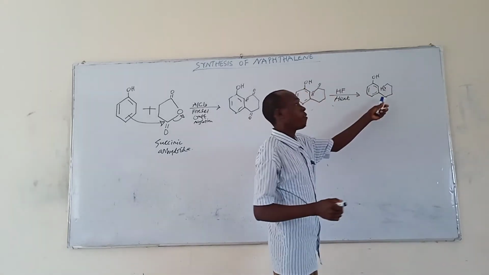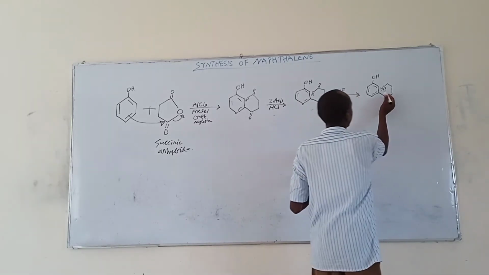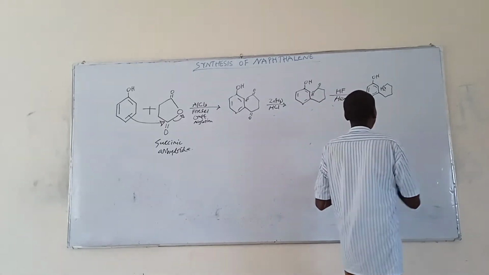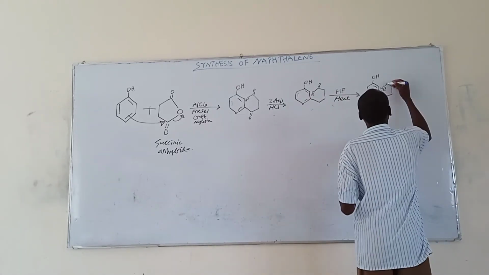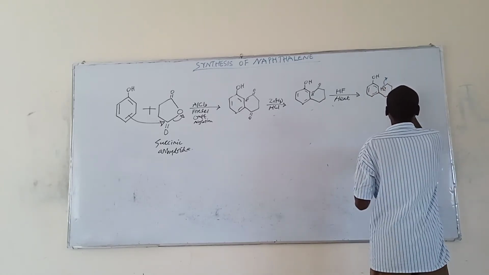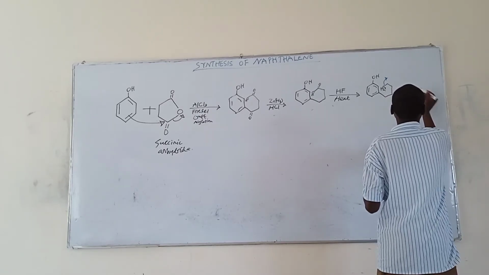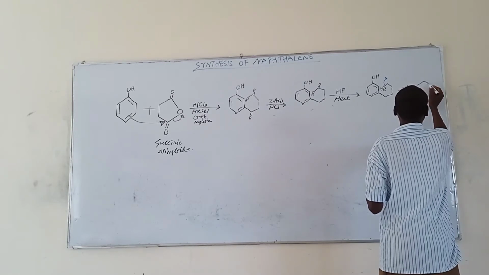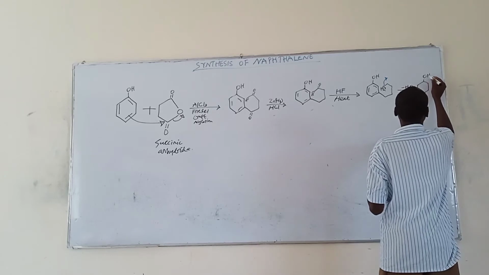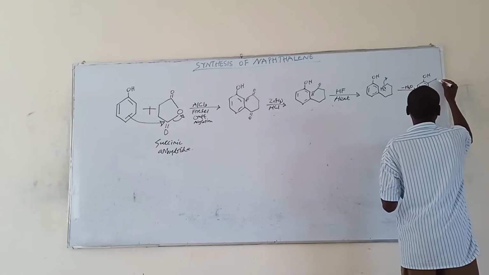So now this is our formed water. Water is H2O, so we have 2 H and oxygen. Water is known to be a good leaving group, so it shall leave. So this is minus water, so that we can have this.